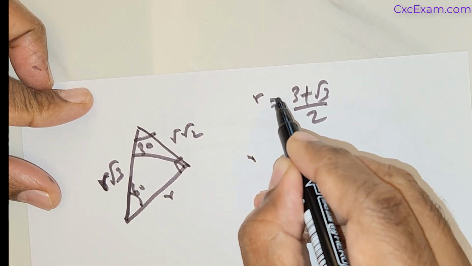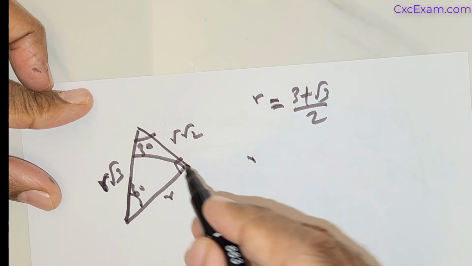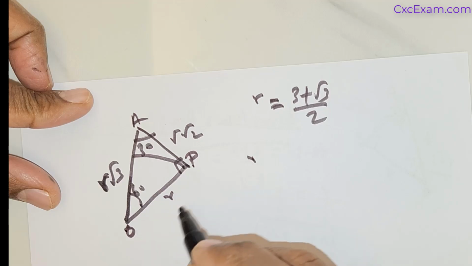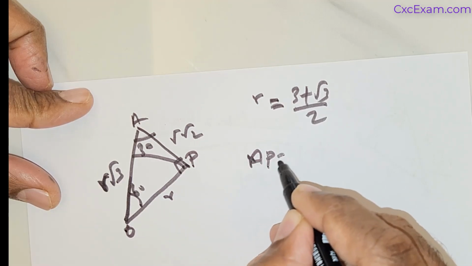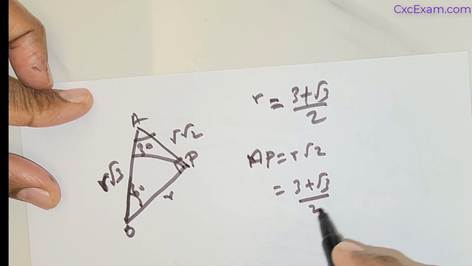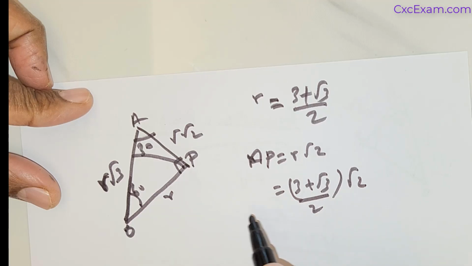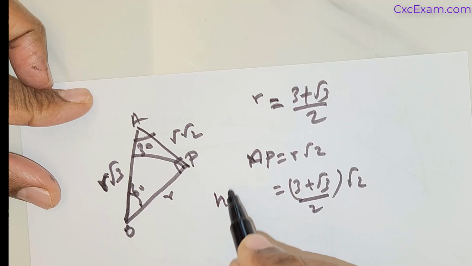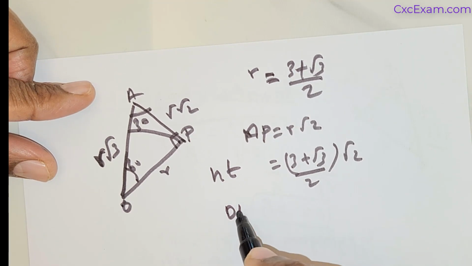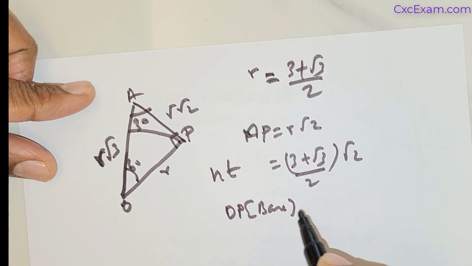So if I were to take the sides A, P and O, AP is r times root 2, which is going to be (3 + root 3) over 2 times root 2. So for the triangle, this is going to be my height, and this is going to be my base.